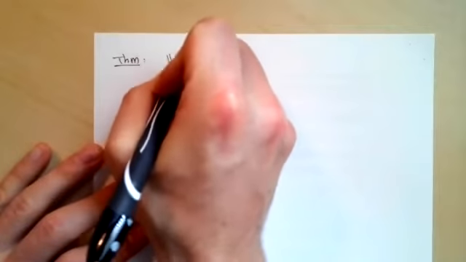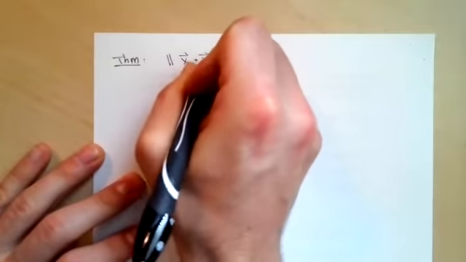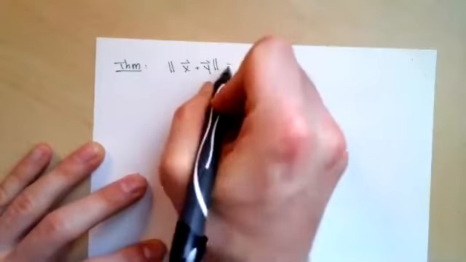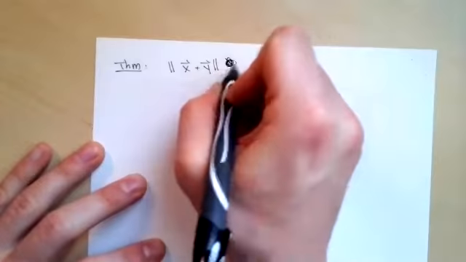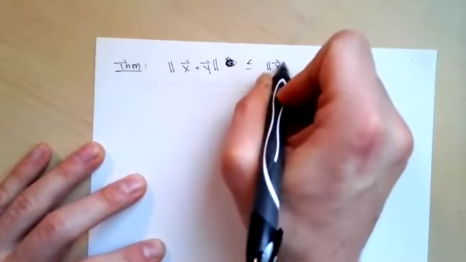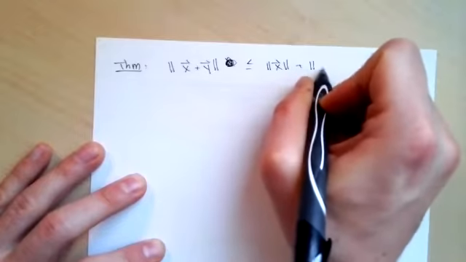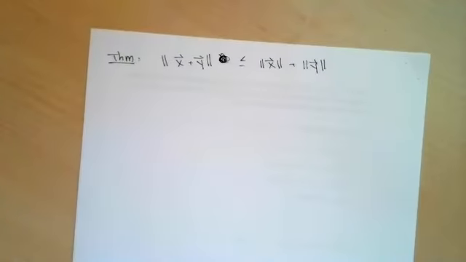Briefly, we'll just say that the norm of x plus y, if I'm adding two vectors, should be less than or equal to the length of x plus the length of y. We don't have the algebraic tools quite yet to prove this.